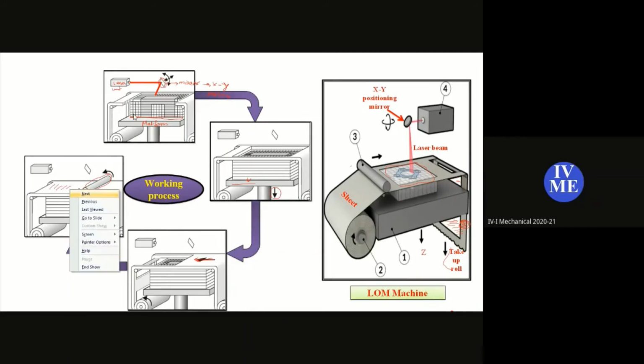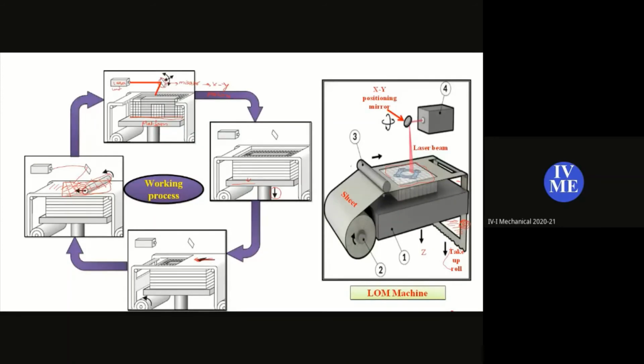Then again the laser strikes directly on the mirror, and it draws the first outline on the layer, and it cuts the pattern, and it also cuts the cross hatches.